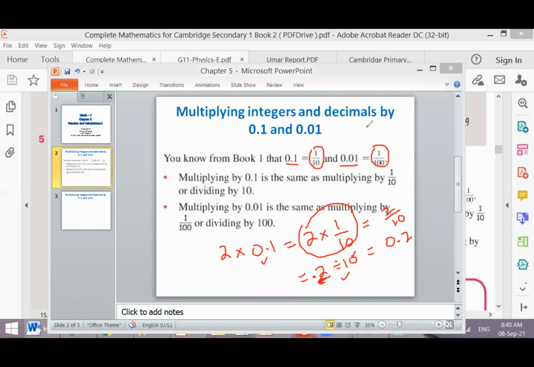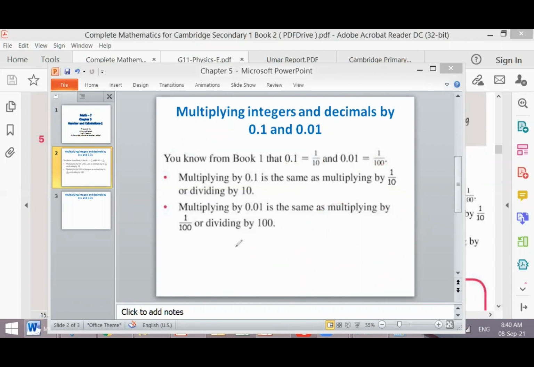And similarly, if I ask you what will be the answer of 32 multiplied by 0.1, can you tell me its answer?